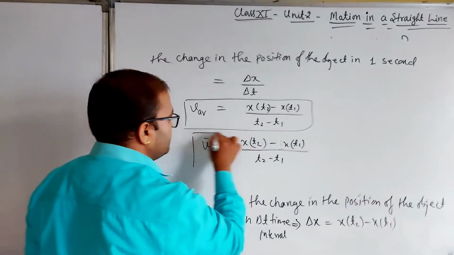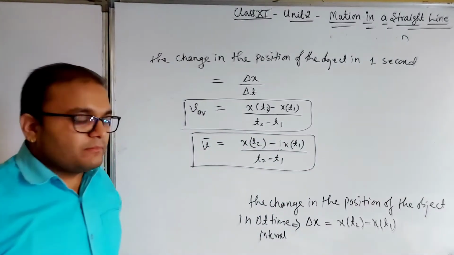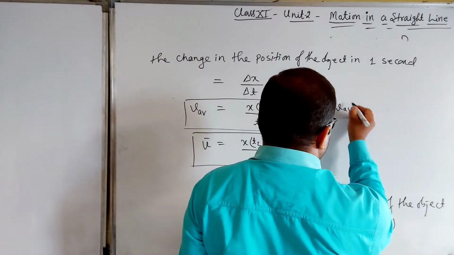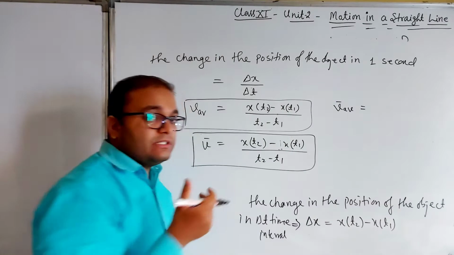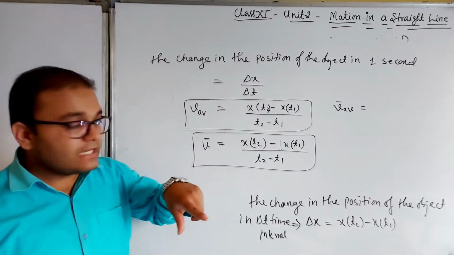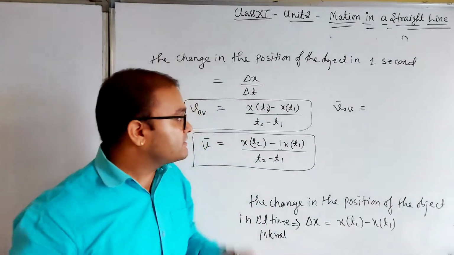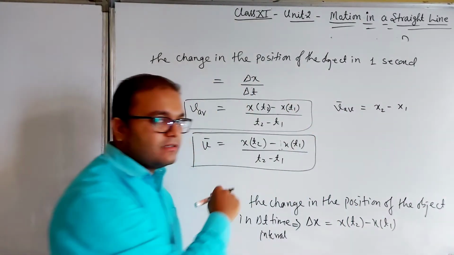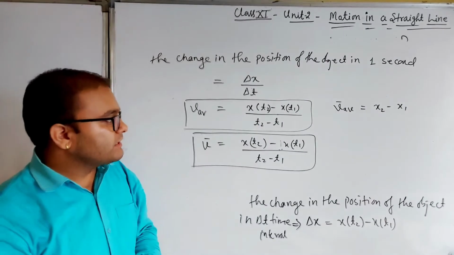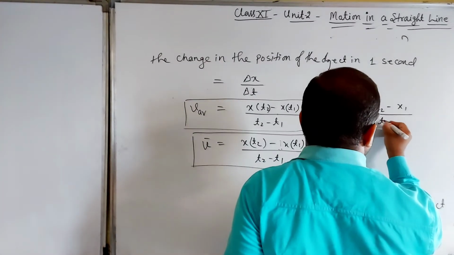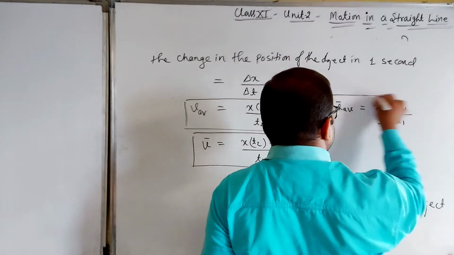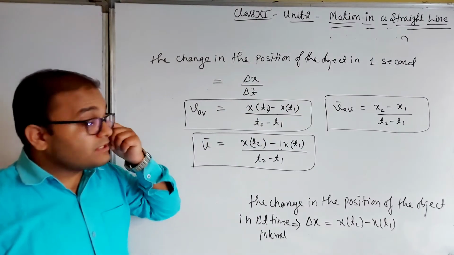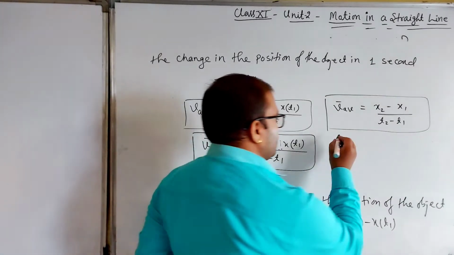Now we will define it in this way. You can see here we have written v average equal to, suppose x(t2) is x2 and x(t1) is x1, upon t2 minus t1. We can also write this as t2 minus t1 in some time. Suppose we are taking t1 is 0.